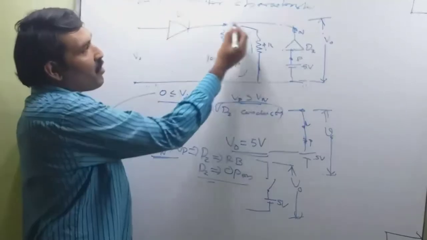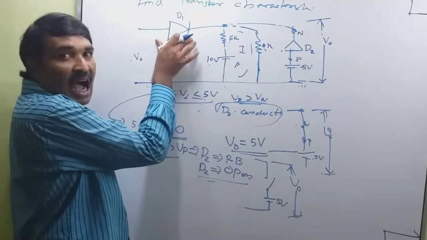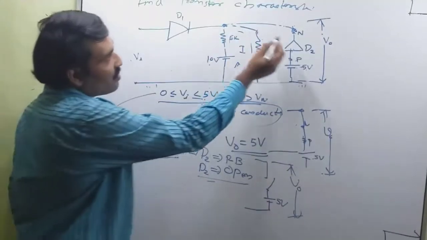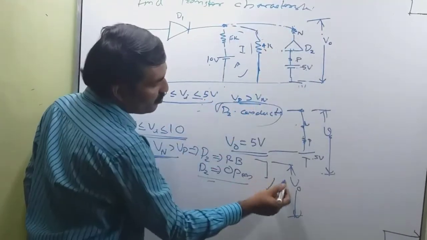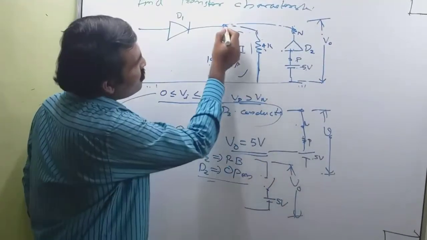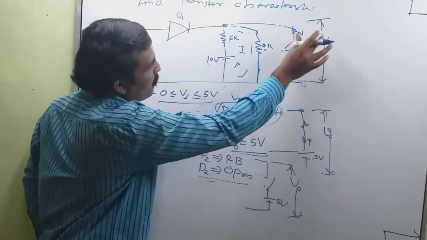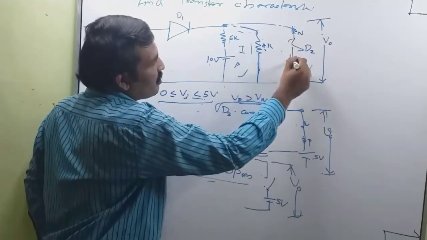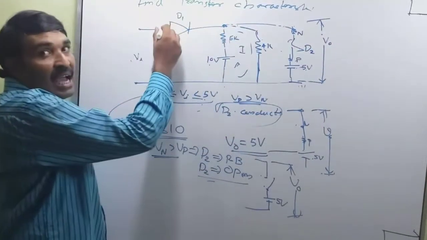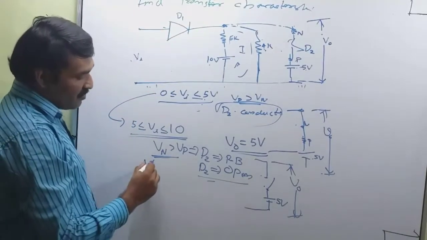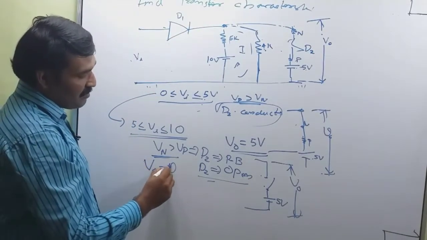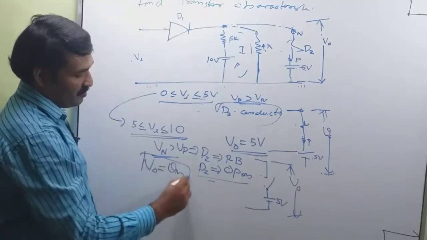The voltage at this point is the same as the applied voltage. That means this is an open switch, no current will flow through it, and the voltage during that interval is the same as the input voltage. So V output is equal to V input.